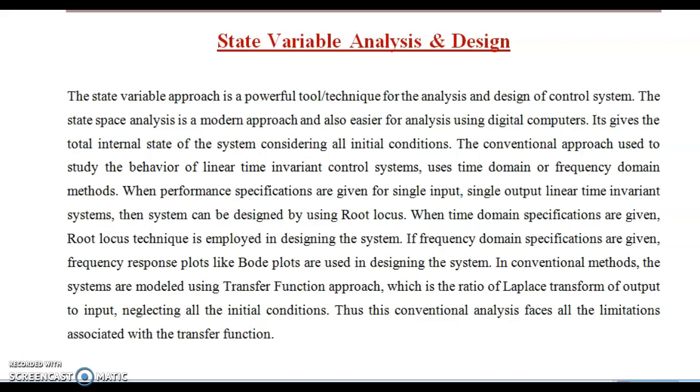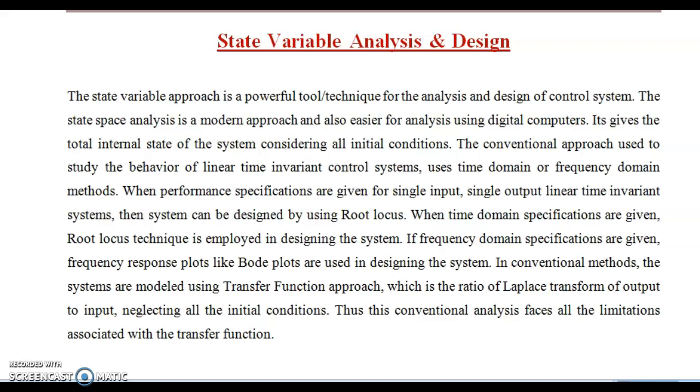See, the conventional method, that is whatever you have studied in the control system subject, is nothing but a conventional approach to study the behavior of linear time invariant control systems by using the time domain or frequency domain methods, right? In all these methods, the systems are modeled using the transfer function approach.